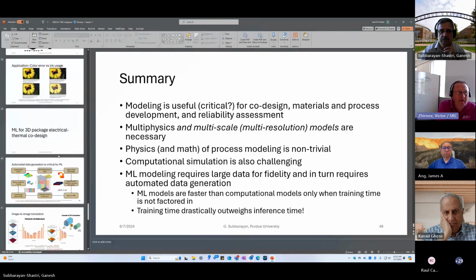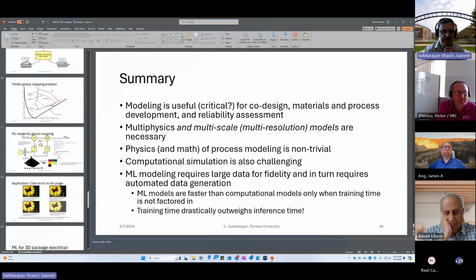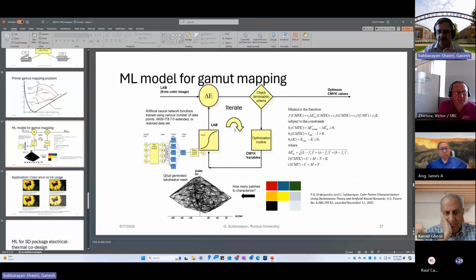So the way to think about it, going back to the color mapping example that I described here, is the time it takes for me to do extensive experimentation. Here it is experimentation, right?